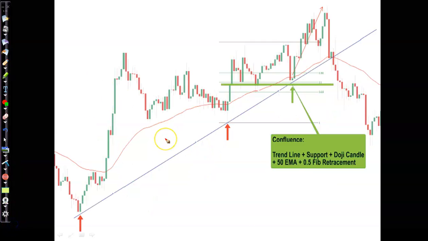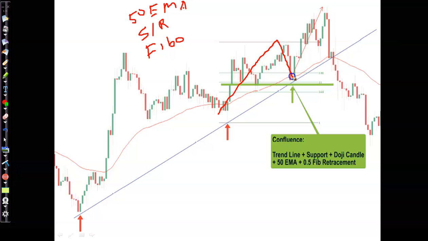Another example, here you can see we are using the 50 exponential moving average EMA, another support and resistance, and we are using Fibonacci. Let me show you here. Price goes up, creates a new high and pulls back.